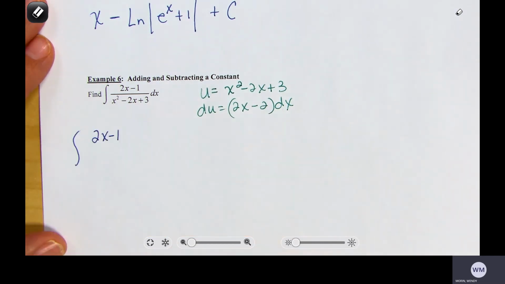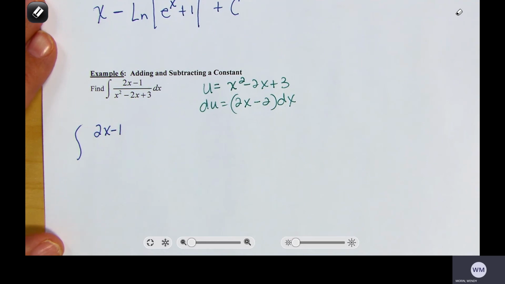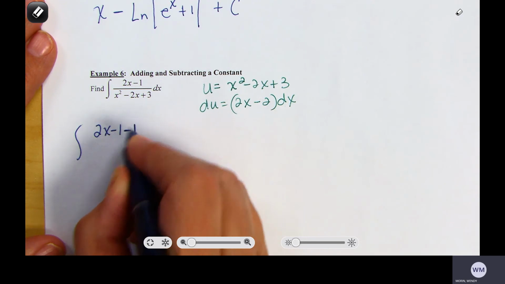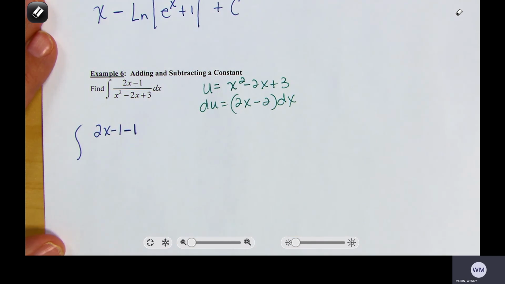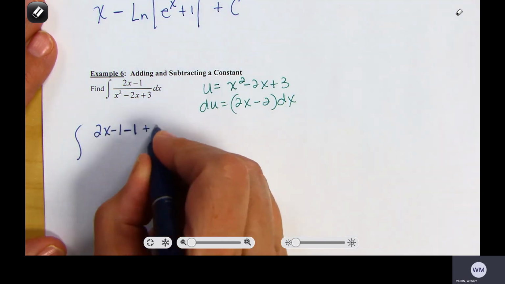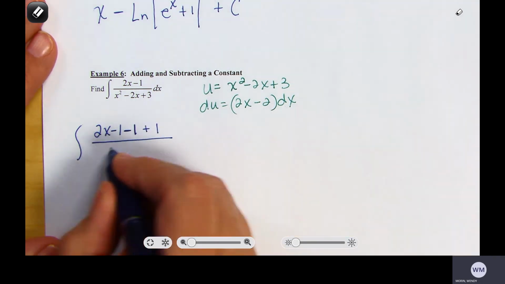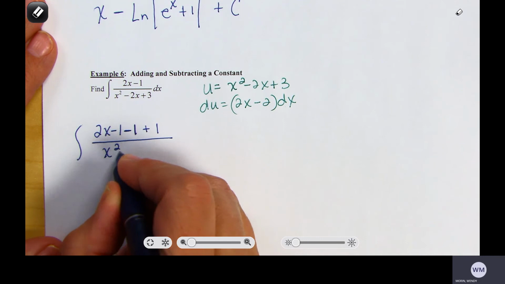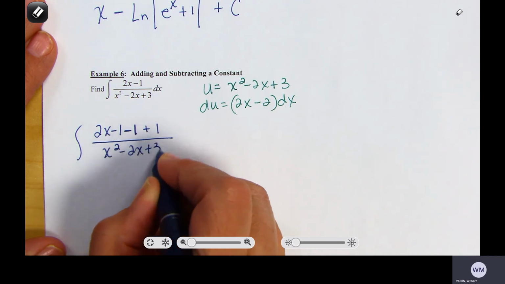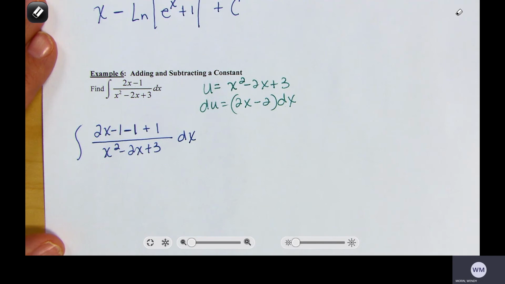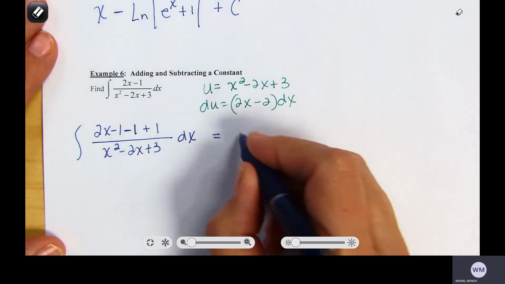2x minus 1 is what I have. I want it to be minus 2. That means I need to subtract another 1 from the top, which means I then need to add a 1 on the top. So why would I do that?